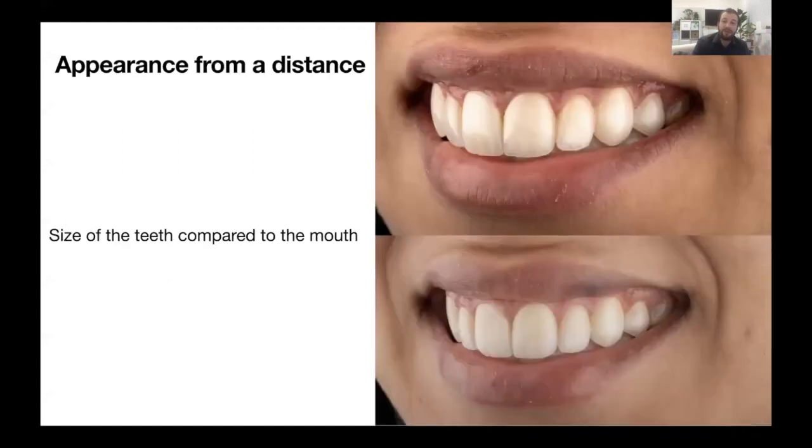A lot of times when we are checking, we see the teeth are too big in relation to the mouth. And that's when we make some adjustments and make them smaller, as you can see here in the second photo. So that's something you can see only when you are assessing the whole thing. Don't analyze the smile tooth by tooth just yet.